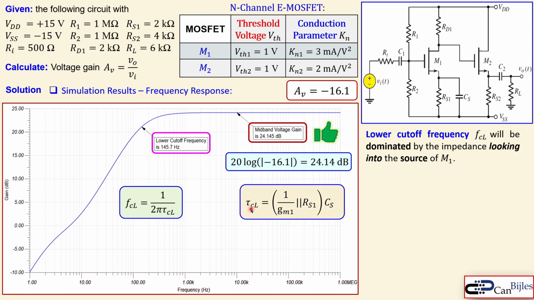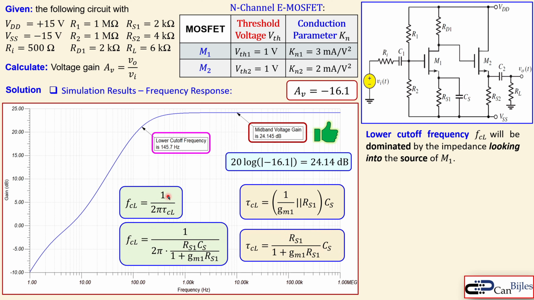The time constant is the product of CS times the impedance seen by CS, which is the parallel combination of 1 over GM1 in parallel with RS1. Now, what is GM1? We already calculated that, so we can also rewrite this cutoff frequency like this. So we can see that this is the expression.